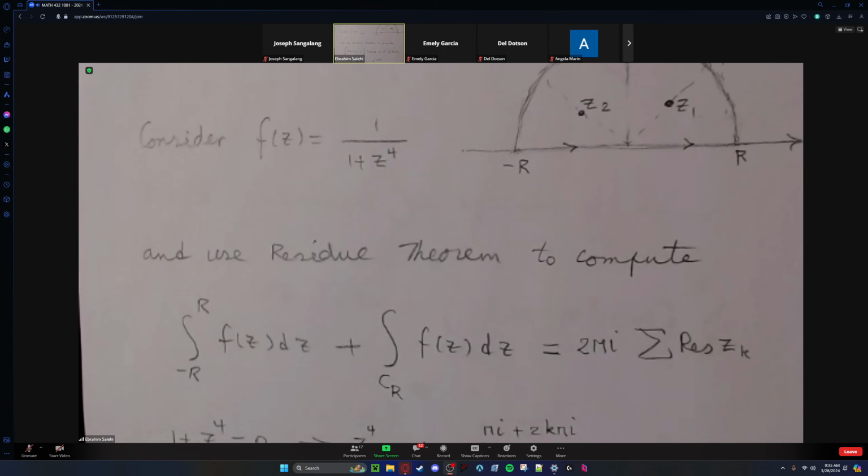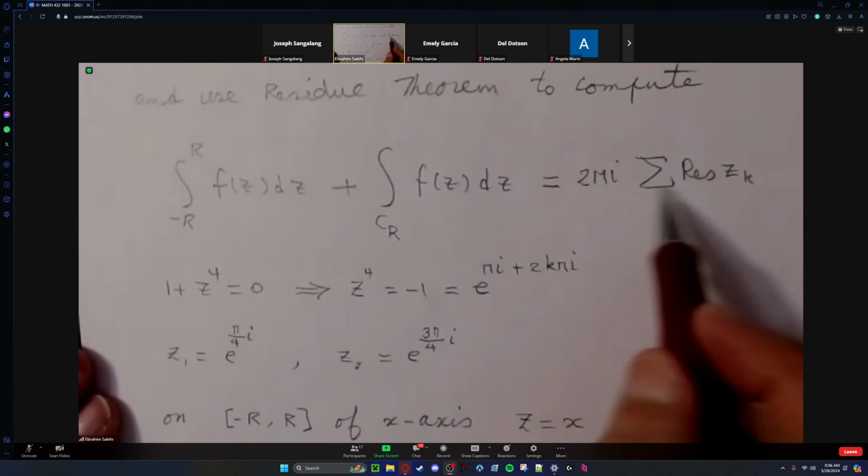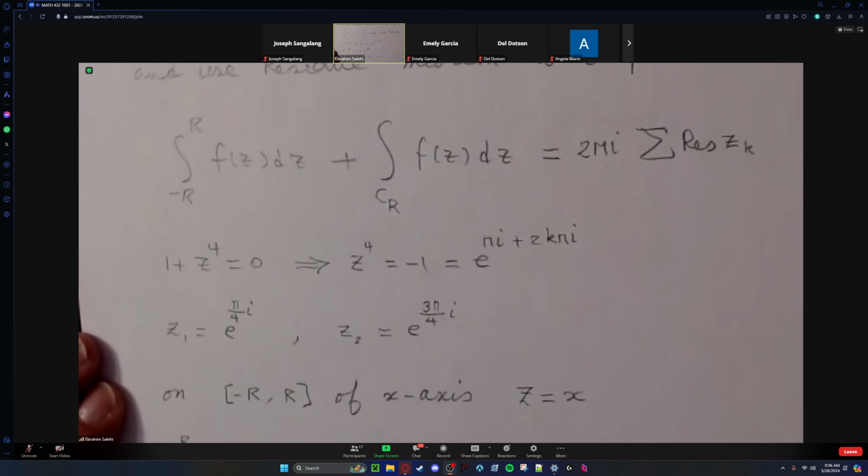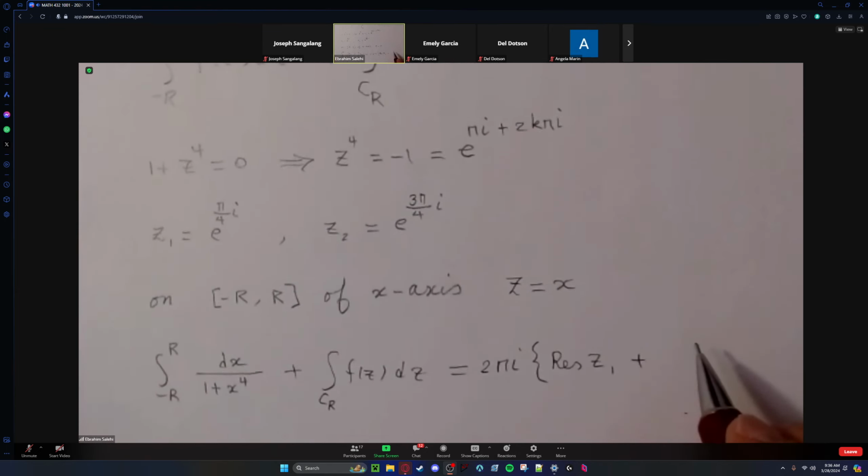So just let's write it down for the time being, f of z dz. On the right-hand side, though, here, it will be 2 pi I residue at z1 plus residue at z2.